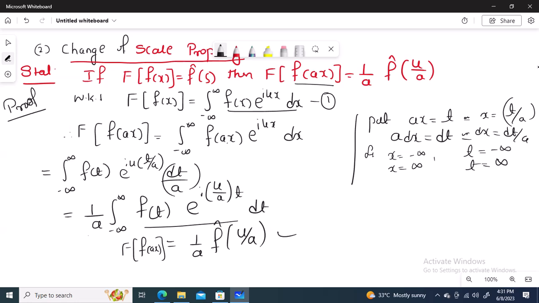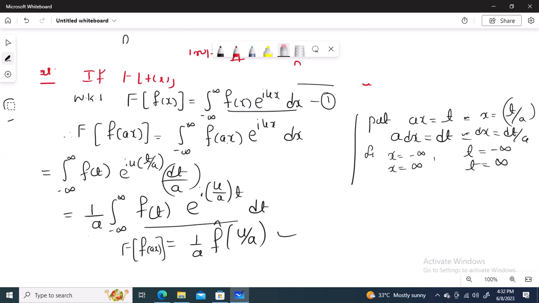Now we'll move on to the third important property of the Fourier transform. I'll take this statement, then we'll prove that also. All the properties are usually not asked in the exams.